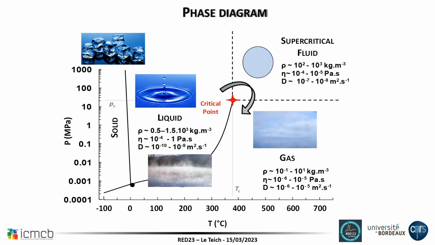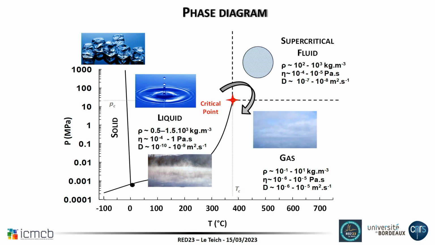Viscosity is more like gas, meaning it's a fluid that can diffuse very fast, even in tiny spaces, such as porous media. And I will get back to this point after, because the condition of this point for water is 373 Celsius degrees and 221 bar, which are typically the upper conditions of hydrothermal fluid that exits black smokers.